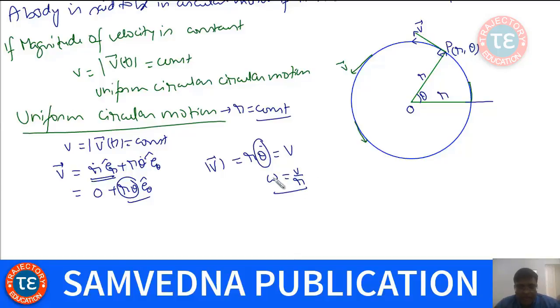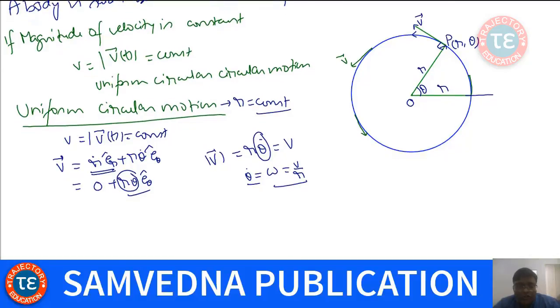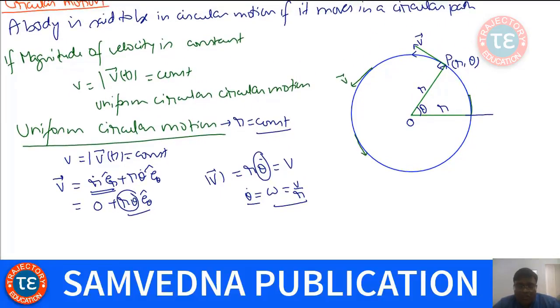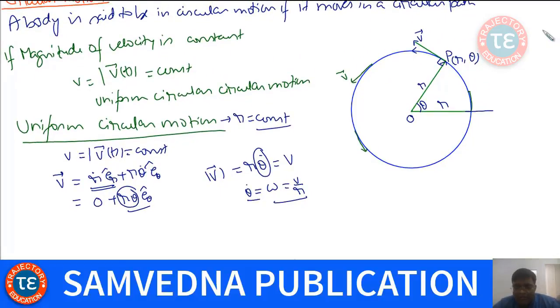In circular motion, omega, the angular velocity, the rate at which theta changes, is v by r, where v is the speed of the particle. Getting the point? Okay. So what we have learned till now: if a body is moving in circular motion, the velocity keeps on changing, because the direction keeps on changing.